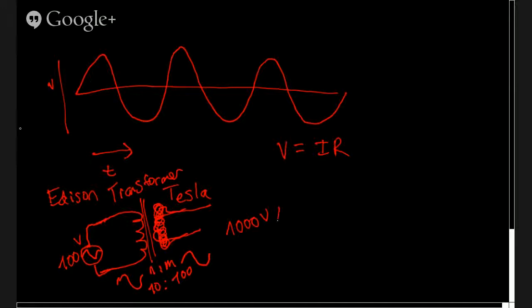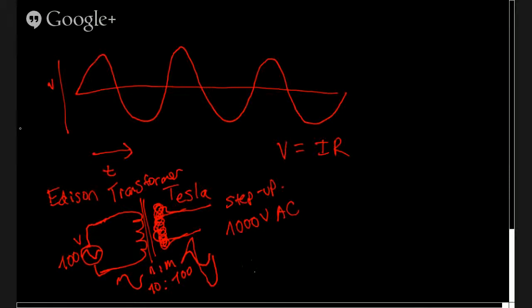1,000 volts AC. It's still the same waveform, but the amplitude's changed. We've got 10 times the amplitude. And this specifically is called a step-up transformer. And this is how power gets to your house nowadays.